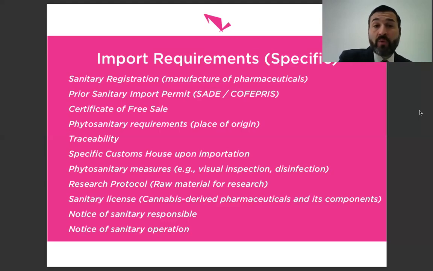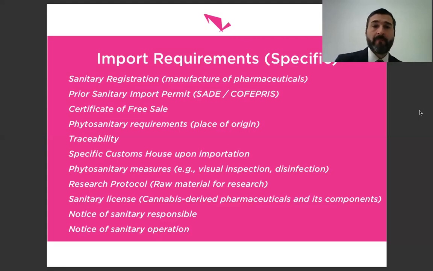They will not be imported using any and all customs houses. They have to specifically determine what will be the customs houses that will be dealing with this type of products. Okay, so probably we will have a list of 5 customs houses where the importation of cannabis derivatives or cannabis products will be concentrated.